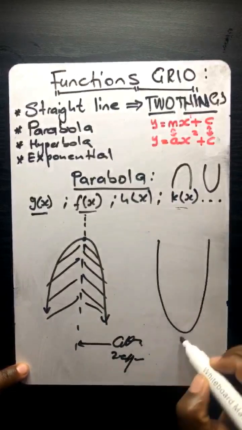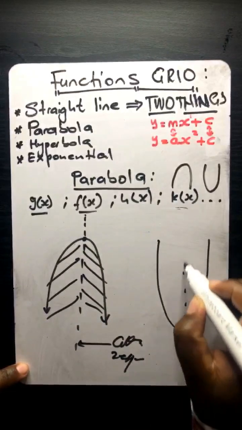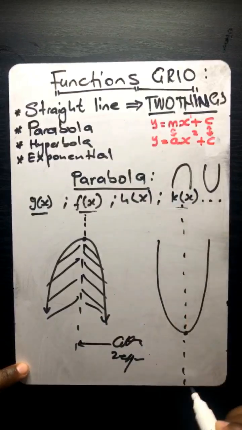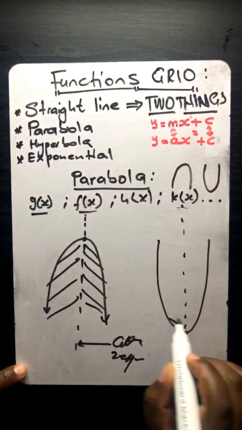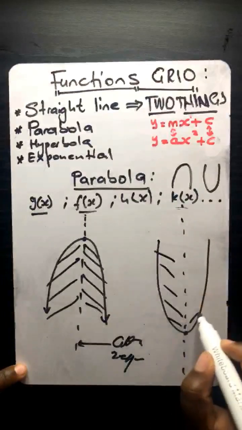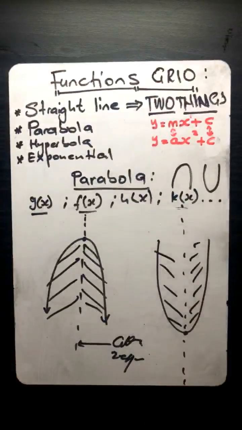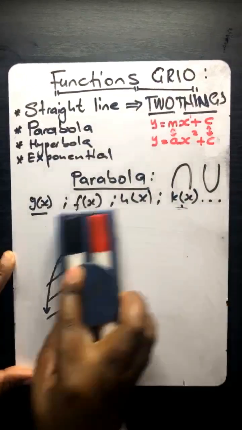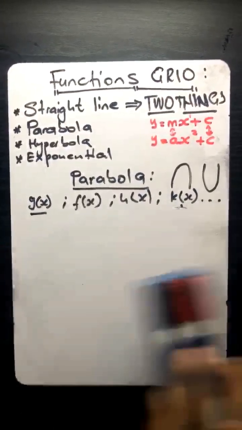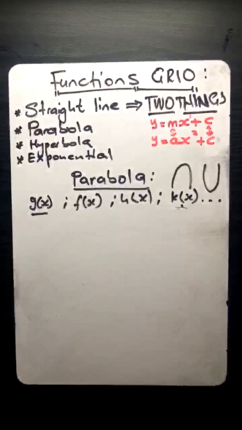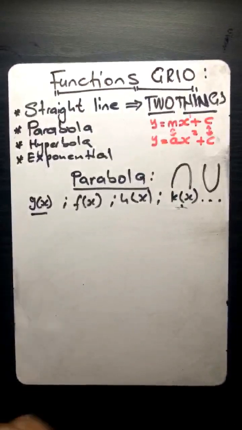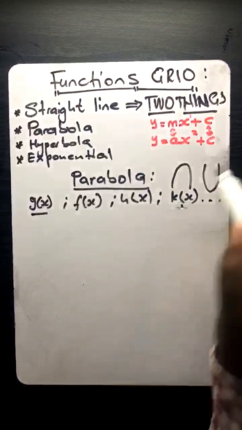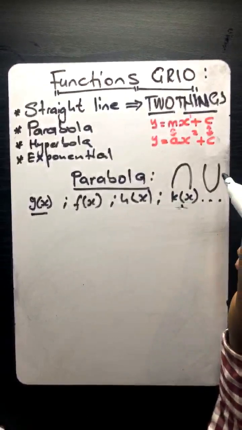Similarly, for that one, at the turning point is where you have your line of symmetry, which means that side is equal to that side. You might need to learn a little bit more about that in grade 11, but for now, just be aware that you've got what we call a line of symmetry.